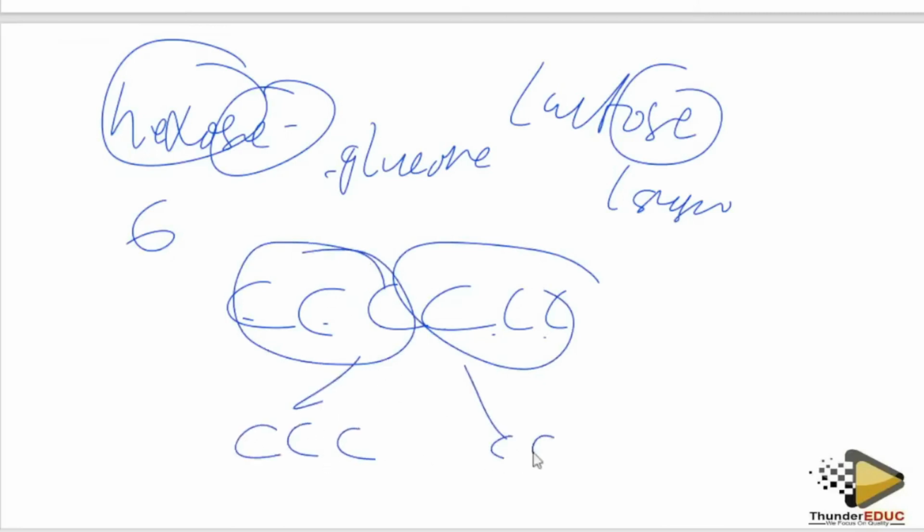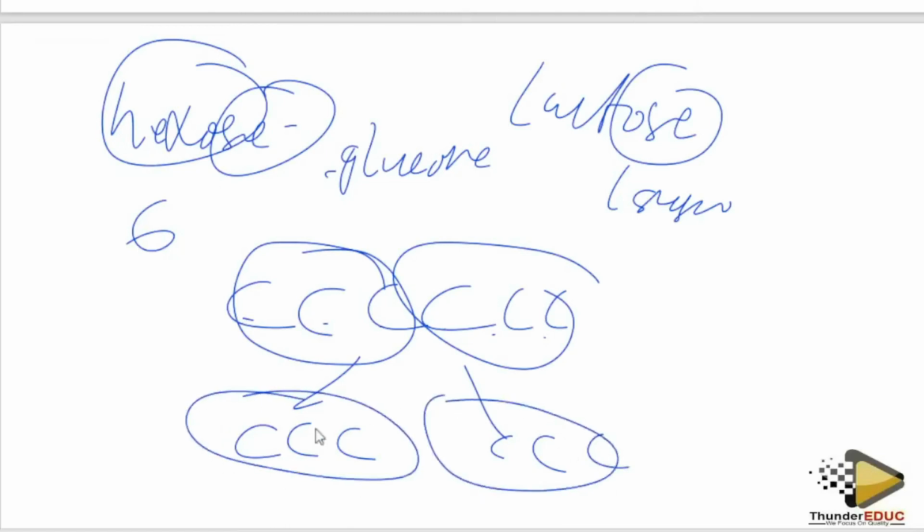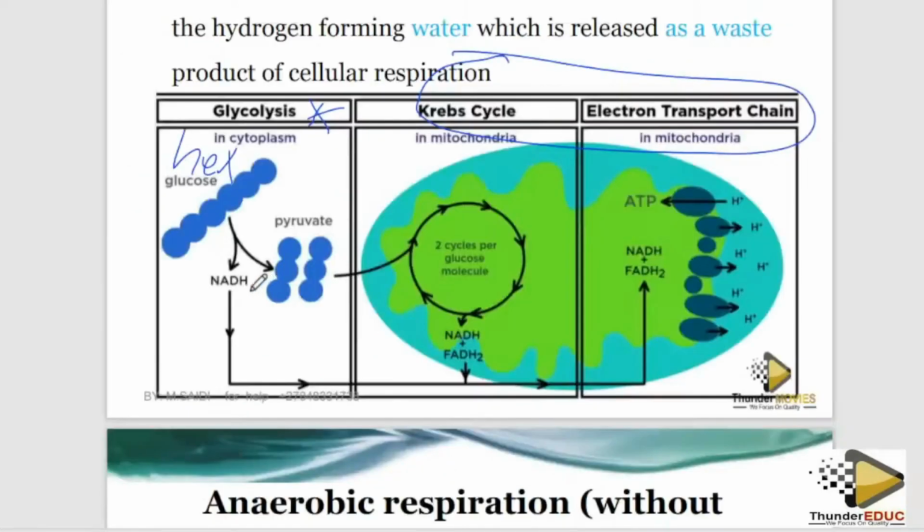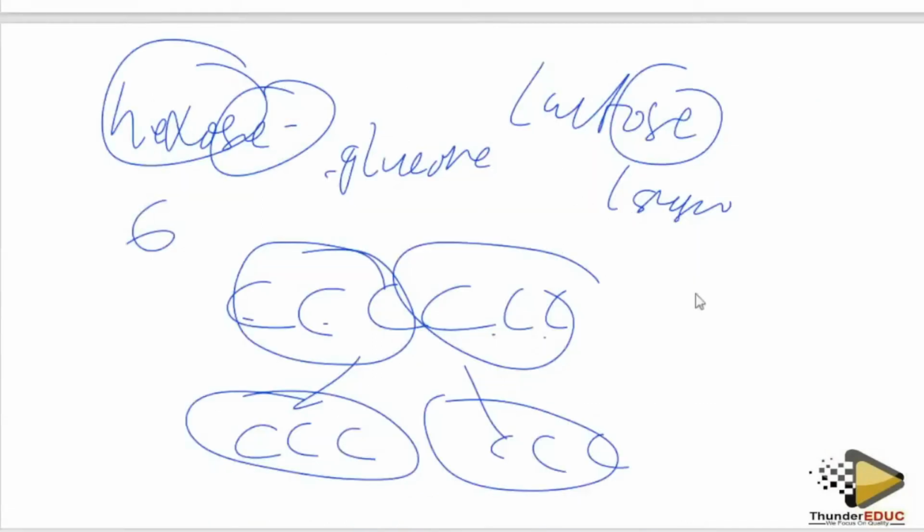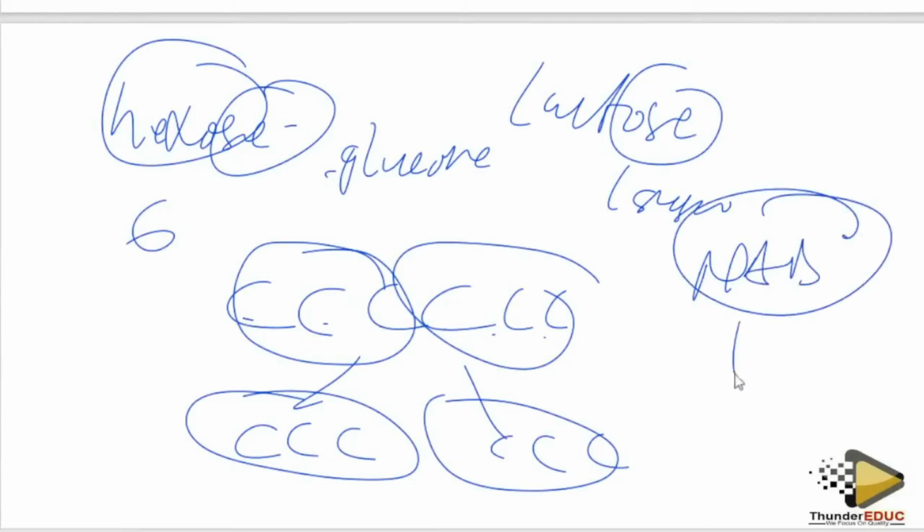1, 2, 3, 1, 2, 3. These two molecules, we call them pyruvate or pyruvic acid. Here we're saying that glucose is divided into two molecules of 3 carbons. During this process, hydrogen is produced, and this hydrogen is captured by NAD, so it becomes NADH.